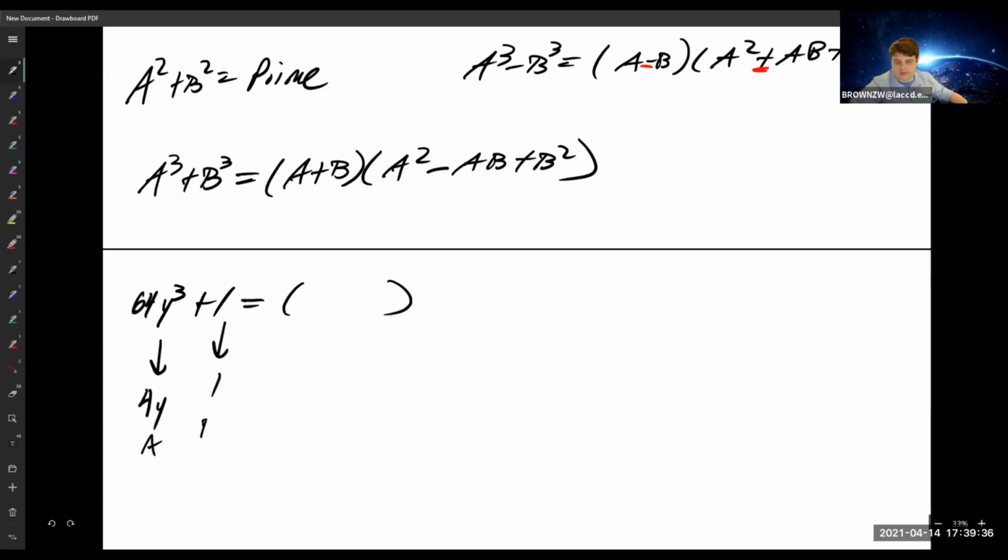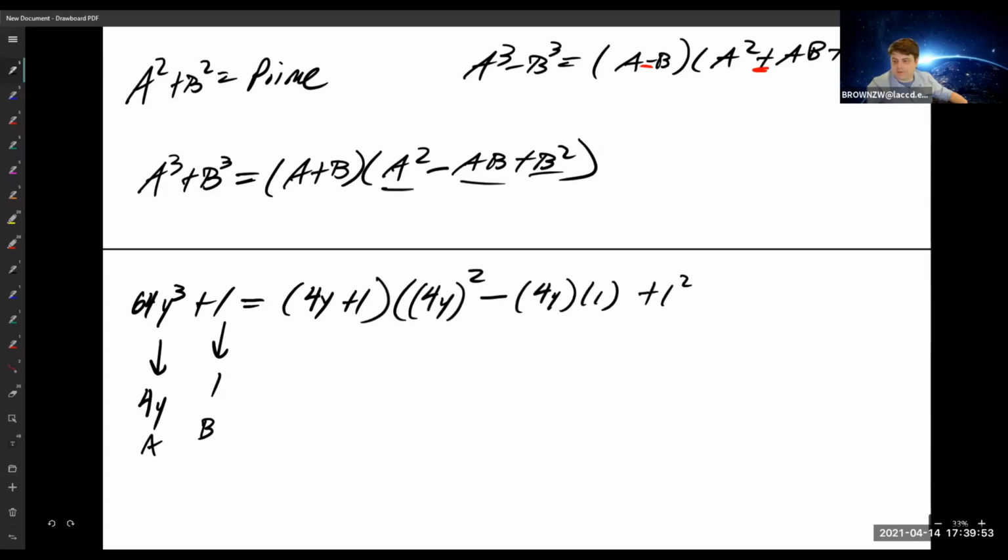So here's my a, here's my b, 4y plus 1. And then we're just going to go through and plug these in. So we're going to have 4y squared minus 4y times 1 plus 1 squared. So 4 squared is 16y squared minus 4y plus 1.